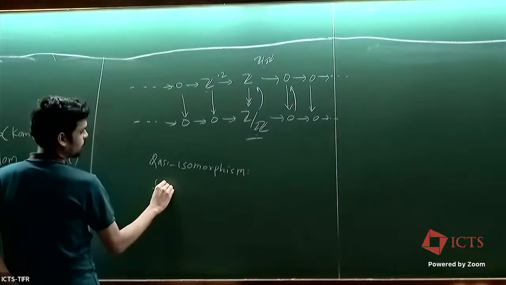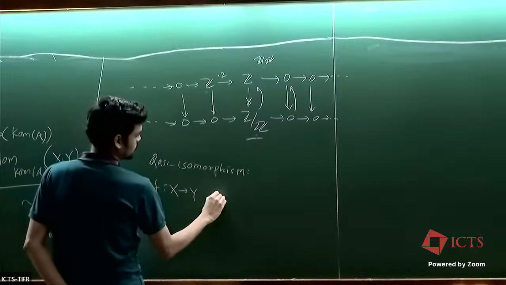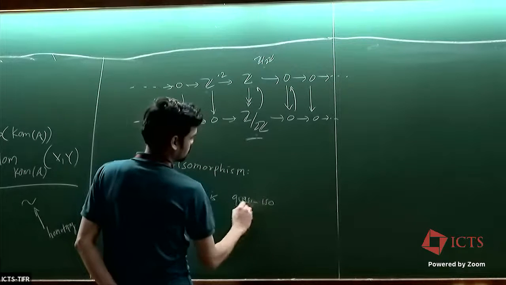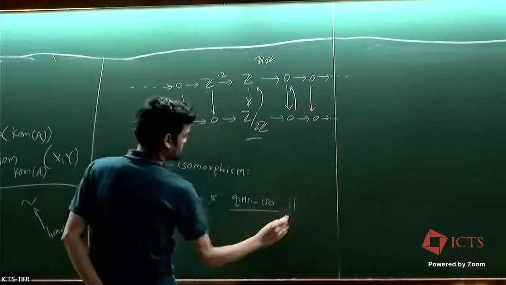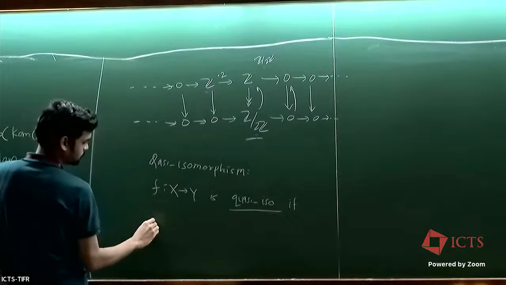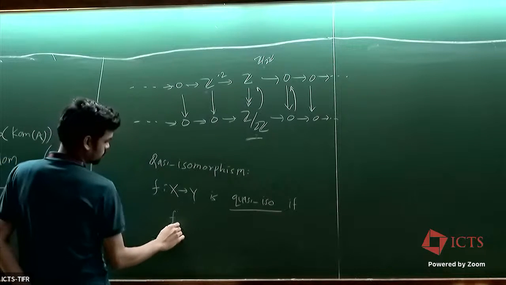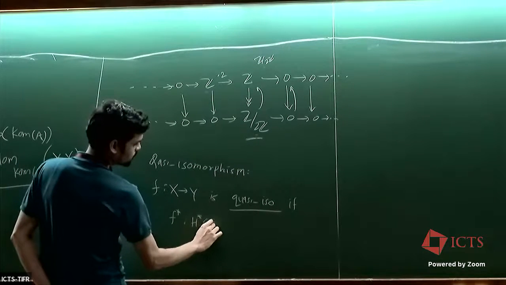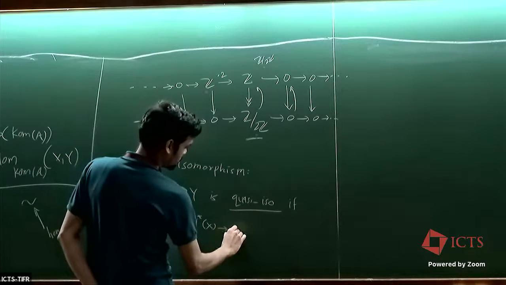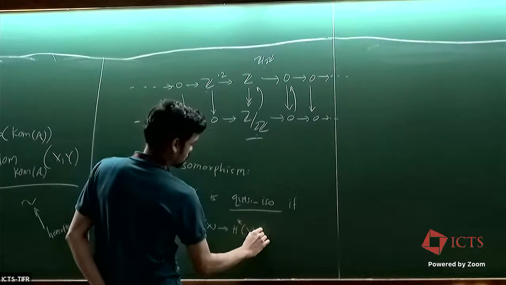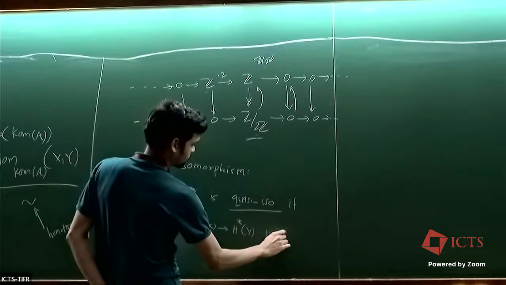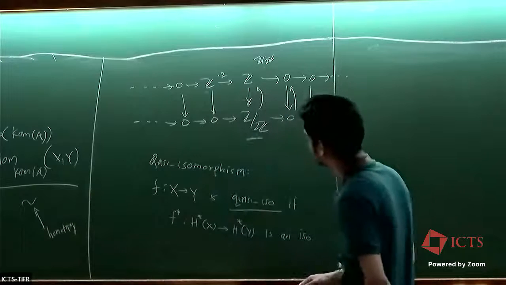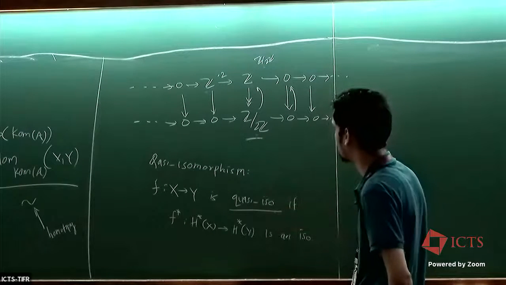A map F of chain complexes is called a quasi-isomorphism if the map that it induces on homology groups is an isomorphism. So we want to invert these quasi-isomorphisms.